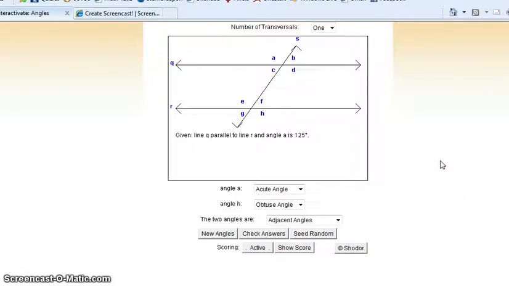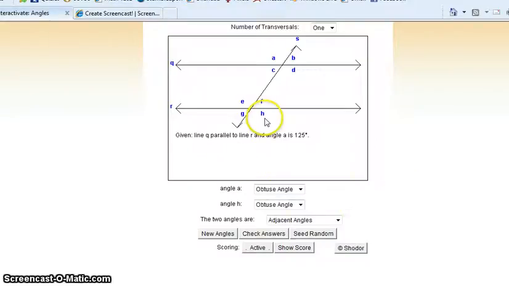So basically on this one, I'll just kind of go through this for you to help each other out and get started. So you have line Q and line R, they're parallel, and then you have angle A, which is 125 degrees. So we're going to come down here, and it says angle A, and you're going to click, and since we know an obtuse angle measures greater than 90 degrees, we know it's got to be an obtuse angle because it's 125 degrees.